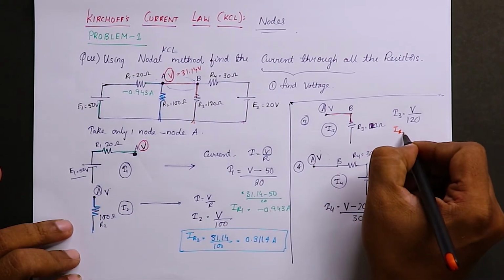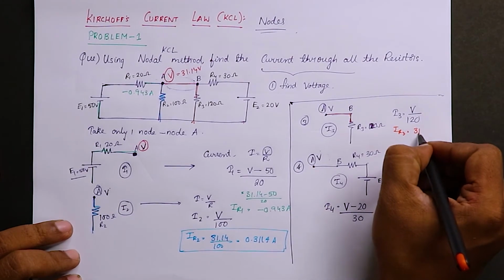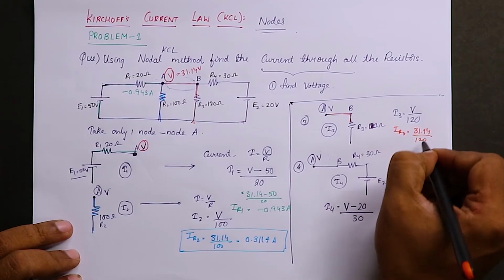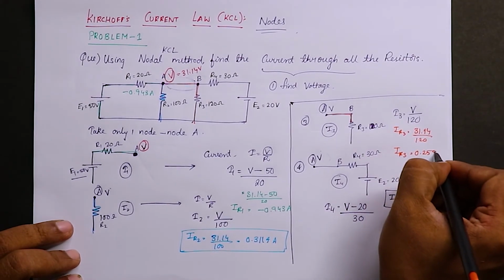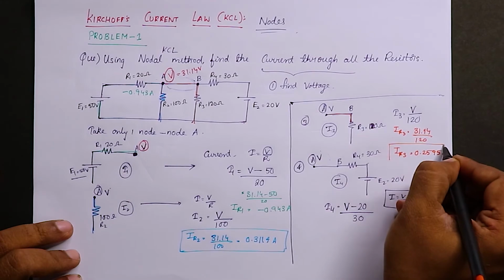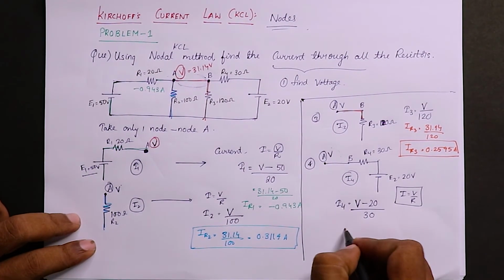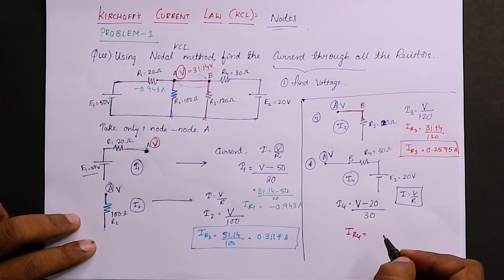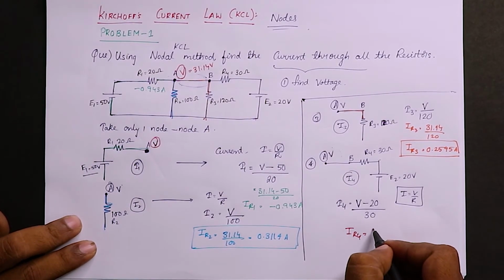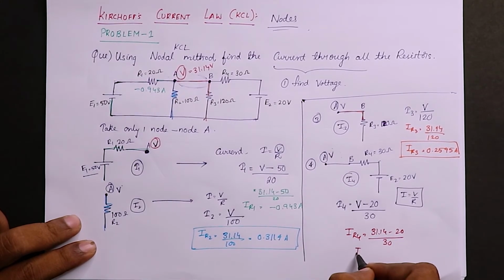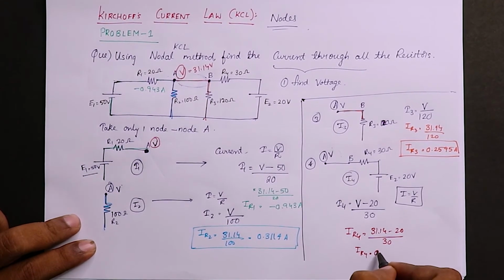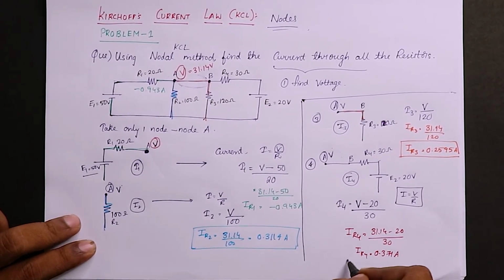IR3 is equal to V, 31.14, by 120, so IR3 is equal to 0.2595 amps. Now IR4 is equal to (V minus 20) by 30, so V is 31.14 minus 20, by 30. So your IR4 is equal to 0.371 amps.